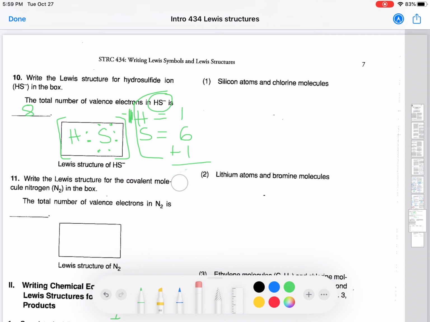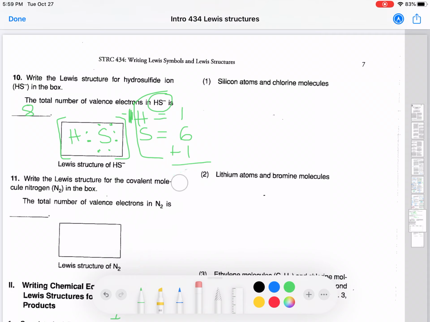You take one of the lone pairs of the nitrogens and then make it a double bond like that. By doing that, the nitrogen on the left has 2, 4, 6. The nitrogen on the right has 2, 4, 6, 8. Right, 8 electrons. But the left one is still not satisfied.